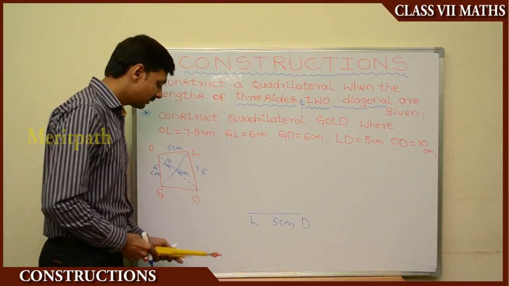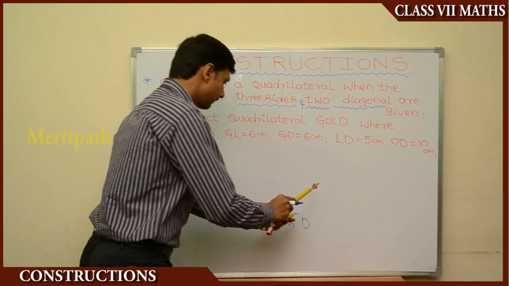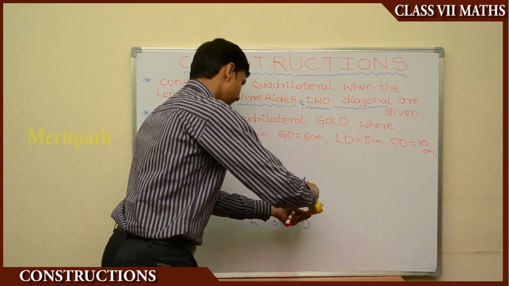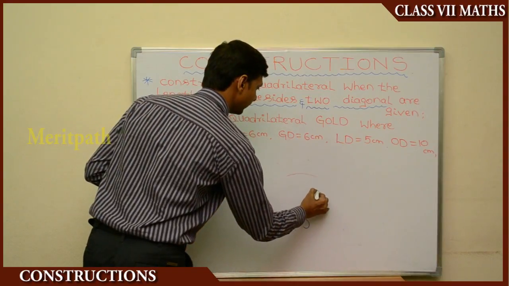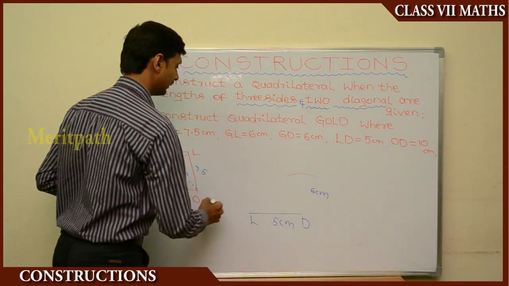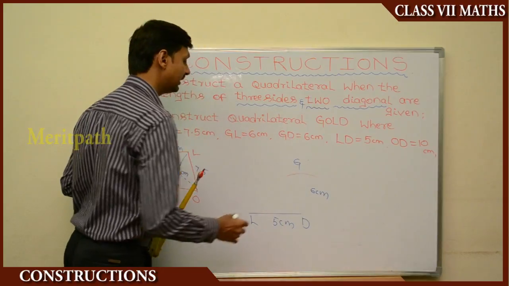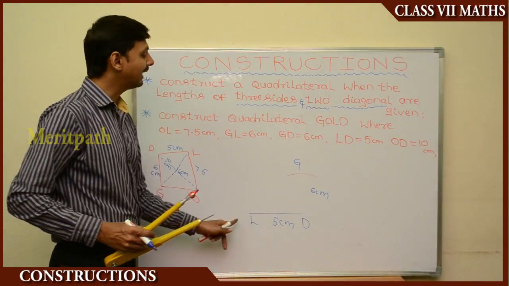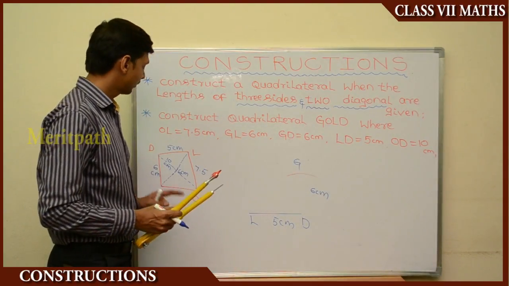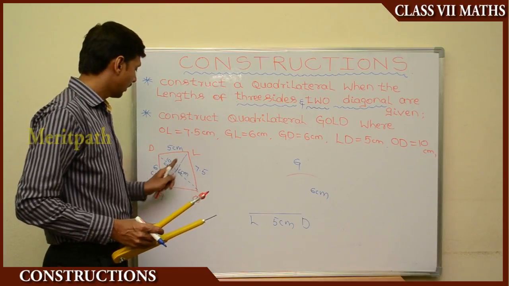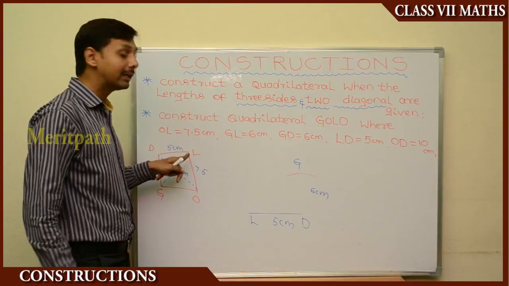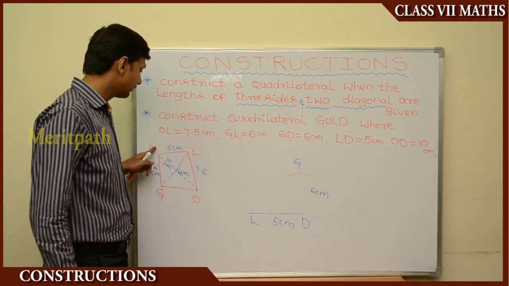So take 6 centimeters radius on compass. Let's make an arc. This 6 centimeters radius, and this is G. So GD completed.